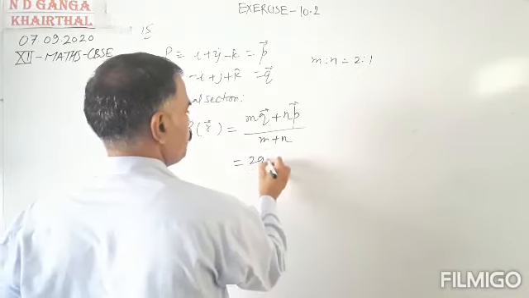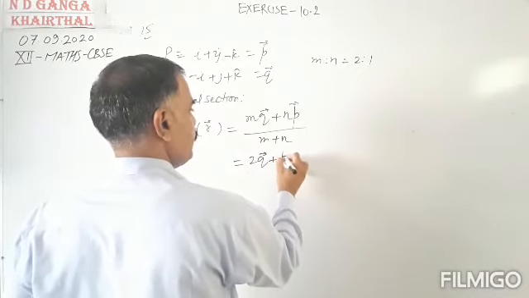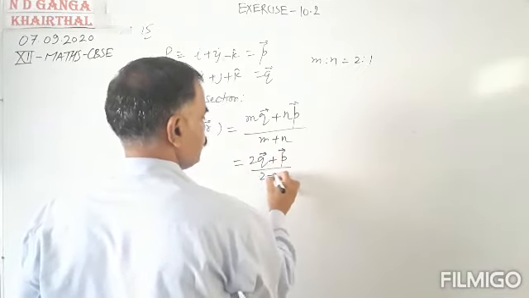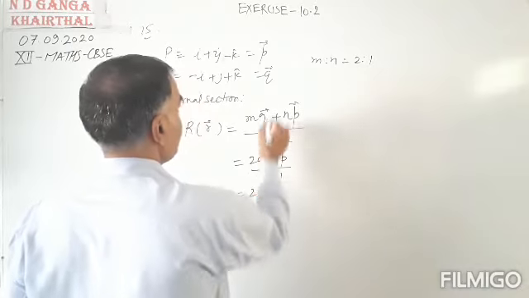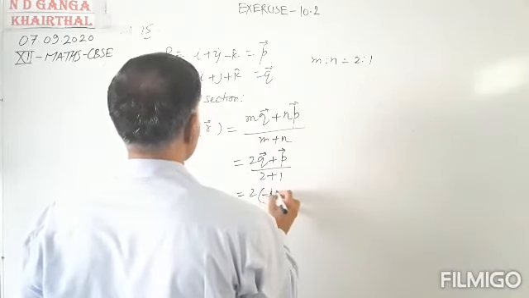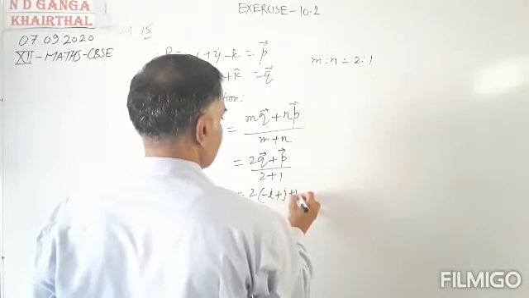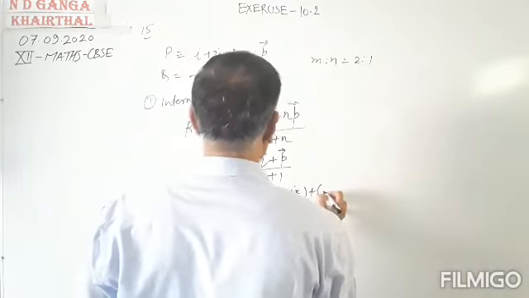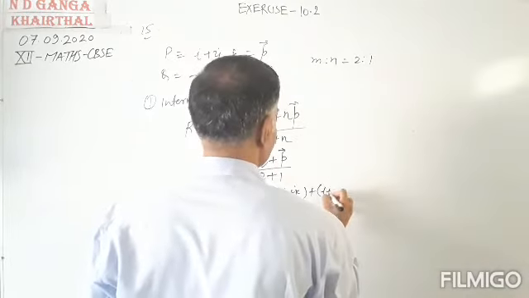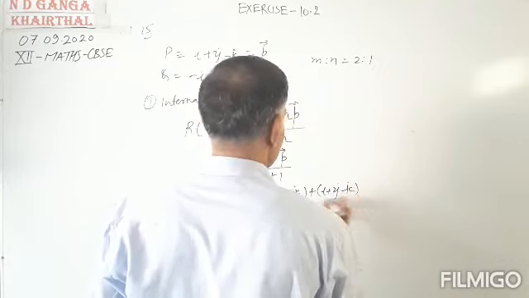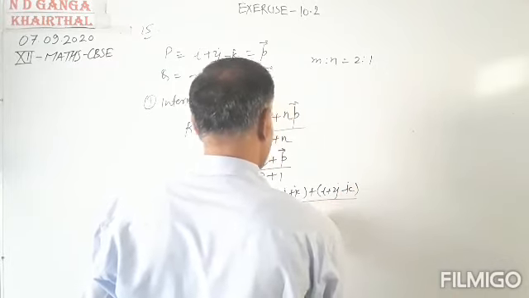So 2 Q vector plus 1 into P vector divided by 2 plus 1. 2 into Q vector is given as minus i plus j plus k, plus P vector, that is i plus 2j minus k, and divided by 2 plus 1.